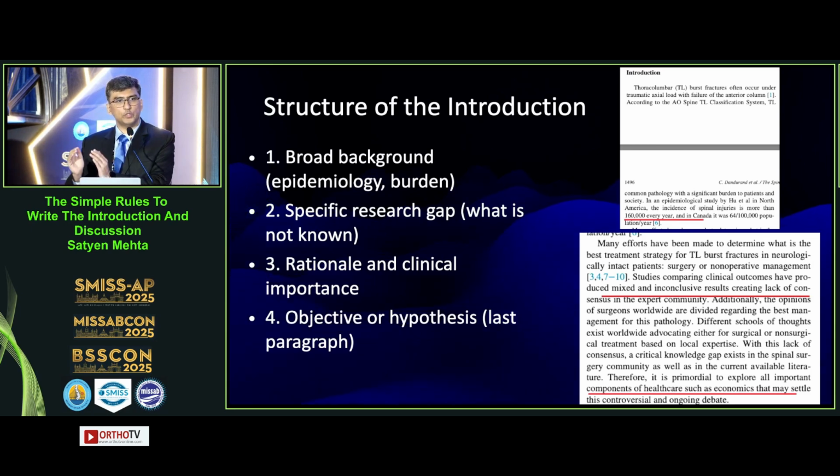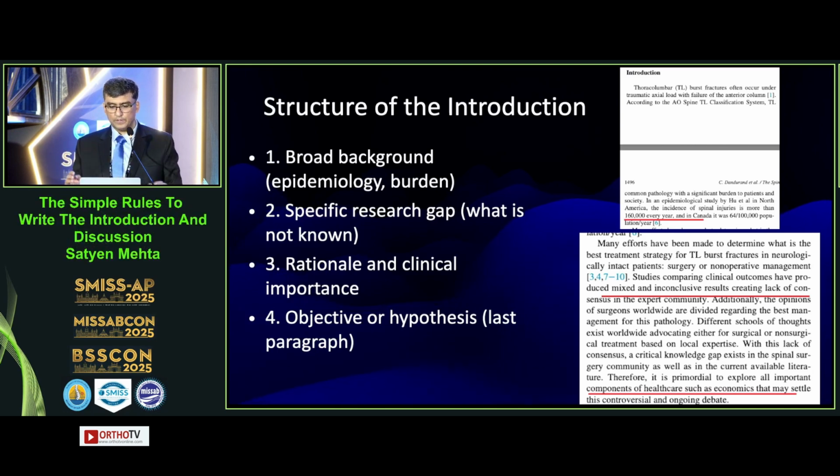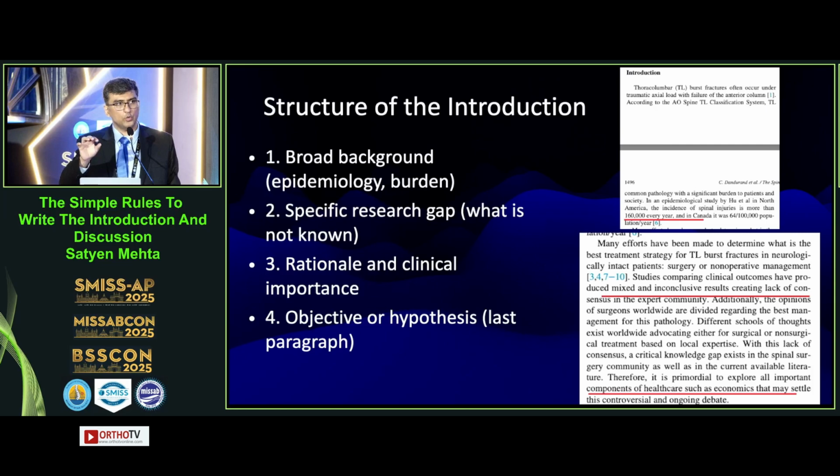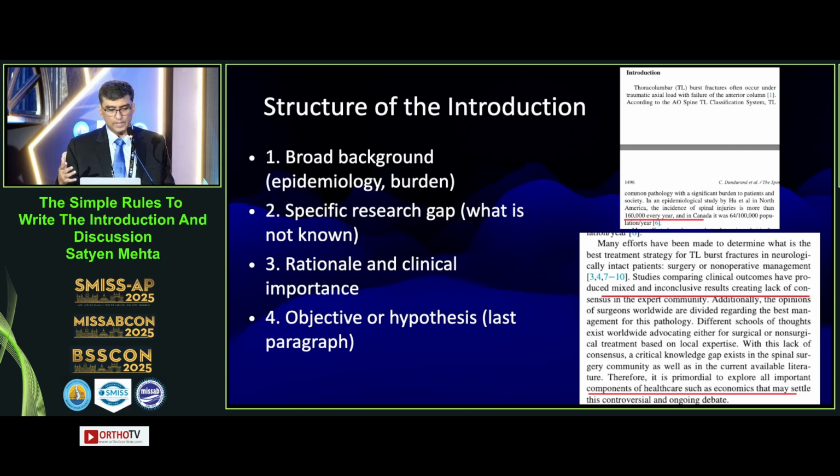Then you go on to the specific research gap. He has talked about how studies have shown it is inconclusive whether we can treat them surgically or non-surgically. So this is the research gap here. We don't know what is better. And then he goes on to the rationale or clinical importance of why this study is being performed, and then his objective.